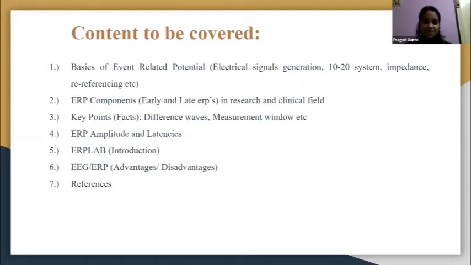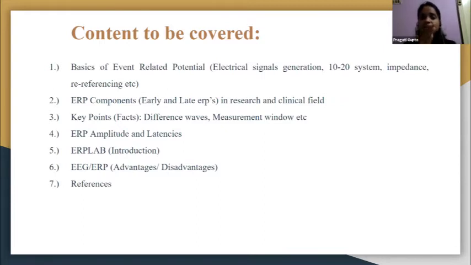So these are the topics we will be covering, like the basics of event-related potential, the electrical signals generation, 10-20 system, re-referencing, impedance, the various ERP components, early and late ERPs, in the domain of research and clinical field.